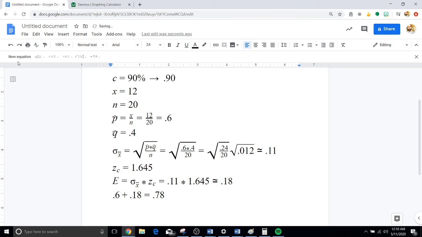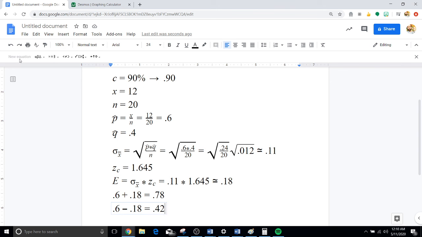And for the lower one, 0.6 minus 0.18 is equal to 0.42. So we have our big one and we have our little one.